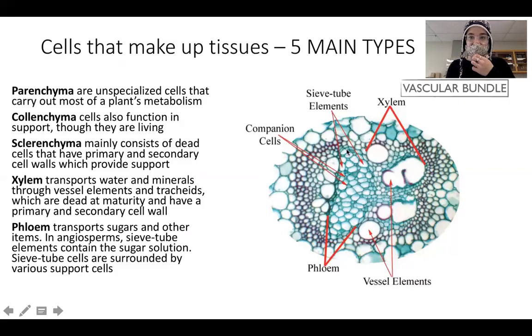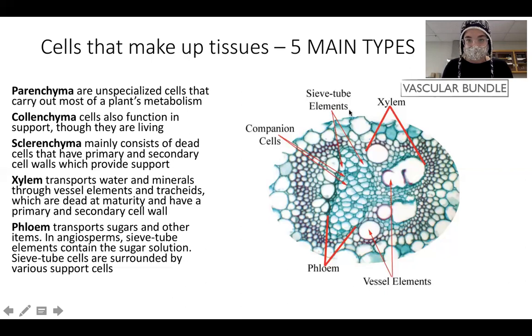Here, and in the next photo, we'll have a representation of what you're going to be looking at. Here we have our xylem and our vessel elements, which are again carrying our water. And then we have our phloem. The xylem are pretty big, and the phloem is much smaller.